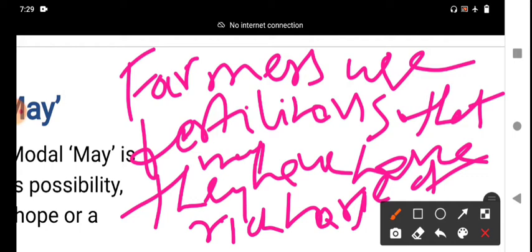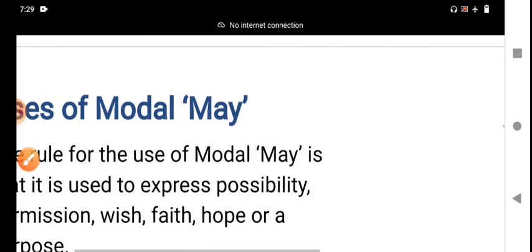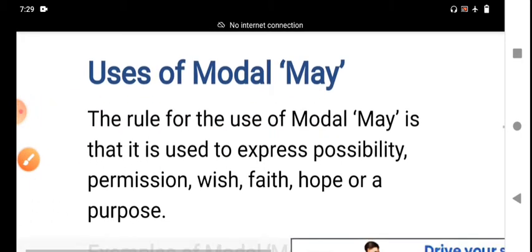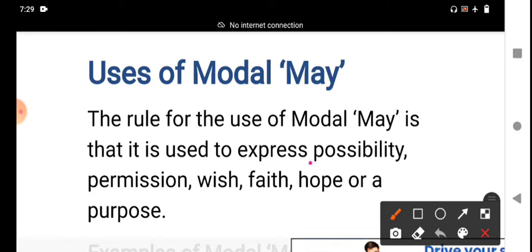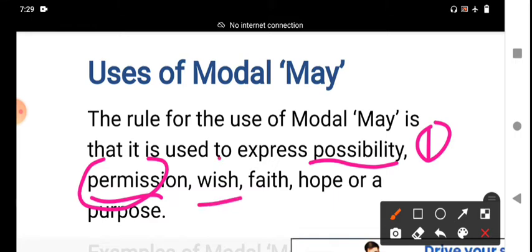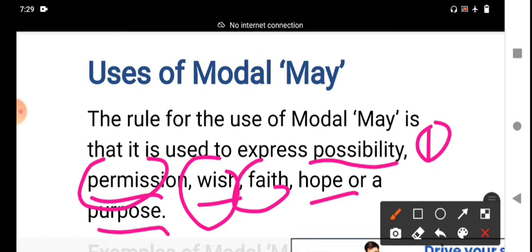My dear students, you should understand the usage of the may. Here some of the examples and definitions are there. I will explain you. The rule for the use of modal verb may is that it is used to express possibility, permission, wish, and faith or hope or purpose.